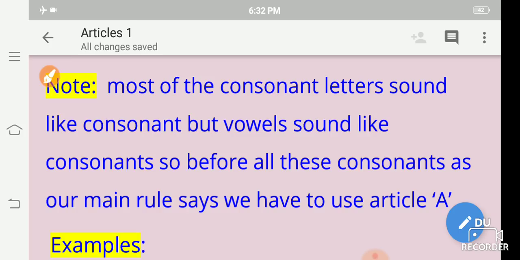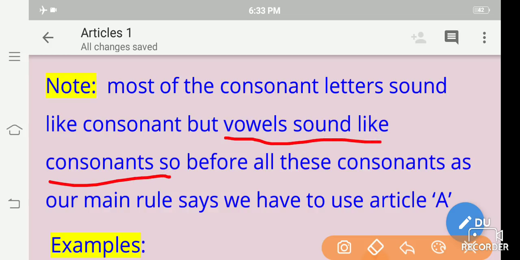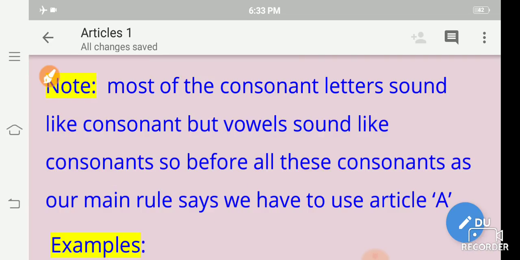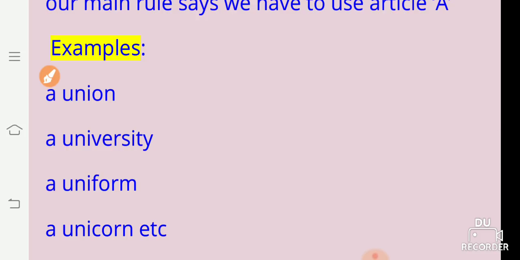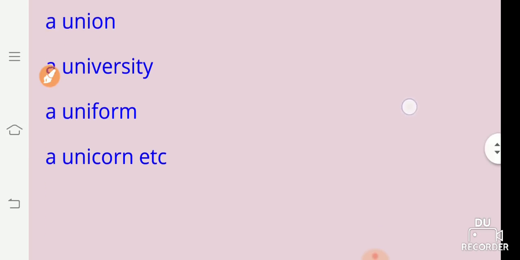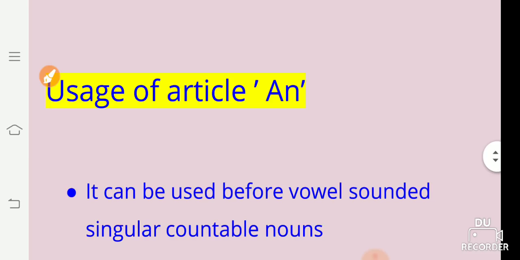Some vowels sound like consonants. Then without any hesitation or confusion, we have to use article a, even though they are vowels, because they sound like consonants. Therefore, it is very much clear that a union, a university, a uniform, and a unicorn are right usages. Okay, friends. Let us move on to the usage of article an.